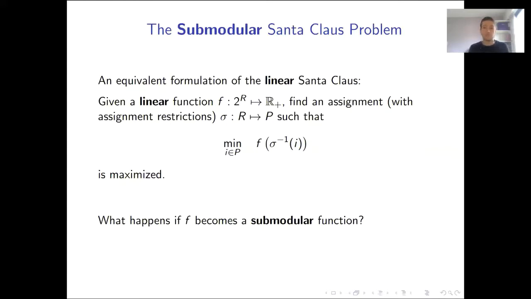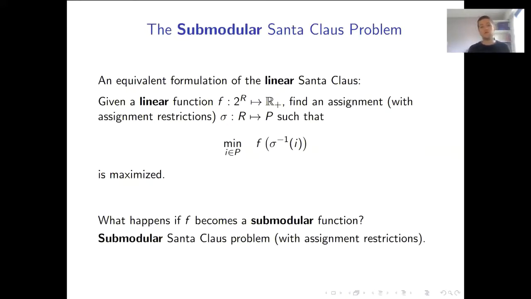A very natural question is, what happens when f is not linear but submodular? Submodular is a more general case, a generalization of linear functions. That's what we call the submodular Santa Claus problem with assignment restrictions.